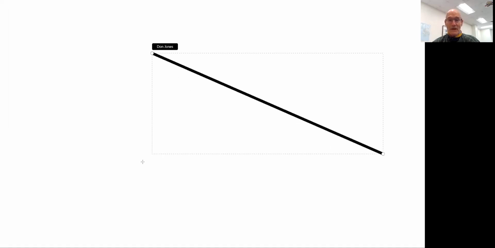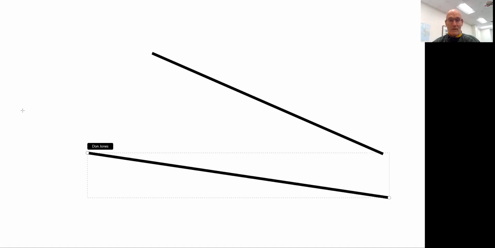Now when we're looking at the angles, we're talking about two lines, and these lines do not have to be parallel right now. So I have a line going through here, and I have a second line going like this. And then I would have a third line, which is what is called a transversal, which comes right down through something like this.